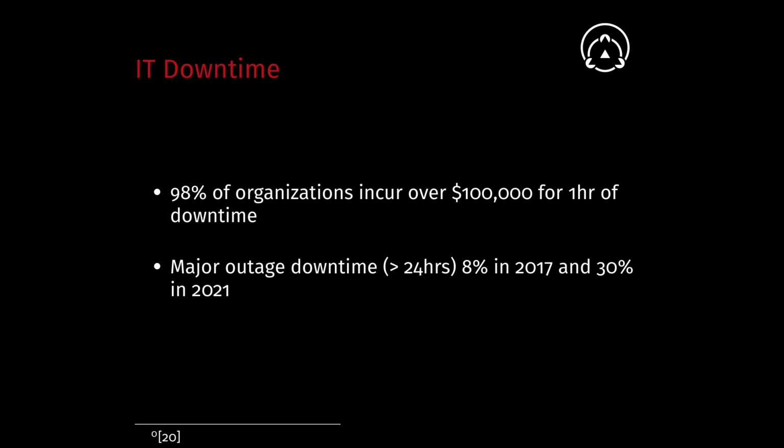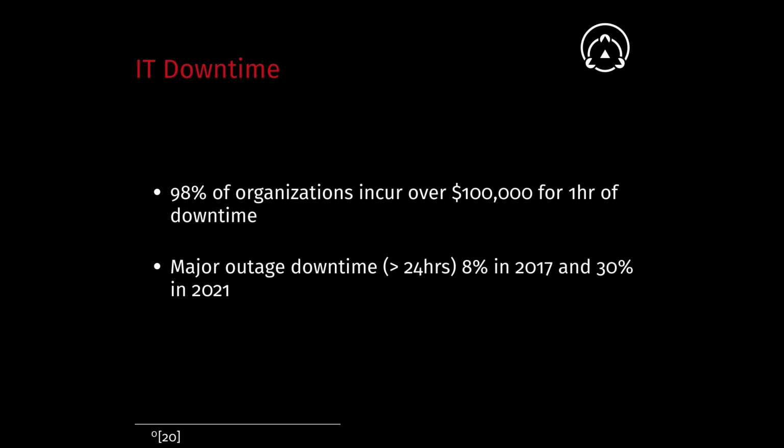IT downtime when operating a message bus or distributed system is just a fact of life. But I think it is helpful to be aware of some of the costs that can be incurred across organizations when this downtime does occur. 98% of organizations incur over $100K for just 1 hour of downtime. And a major downtime outage, something that's over 24 hours, is increasing to 30% as of 2021.